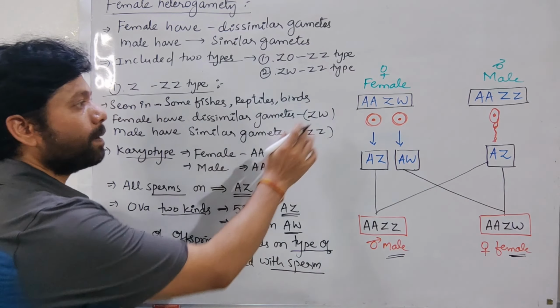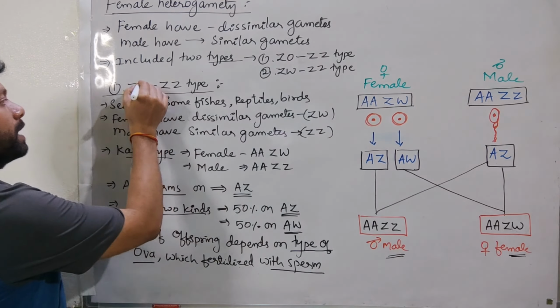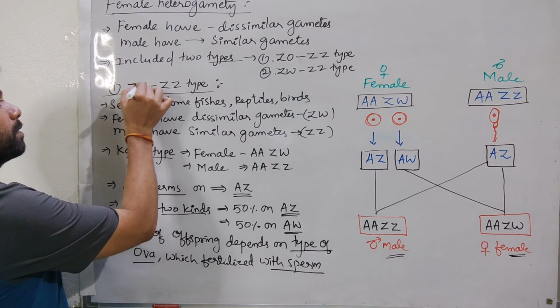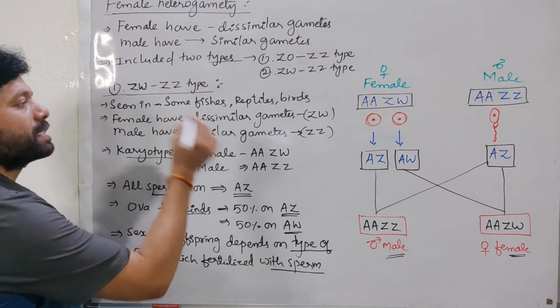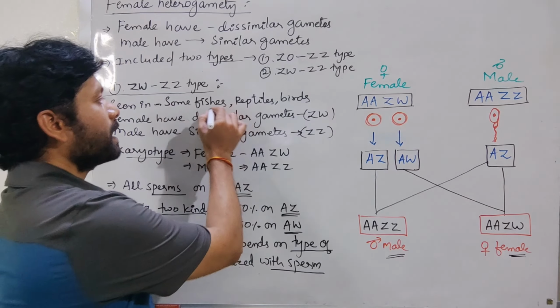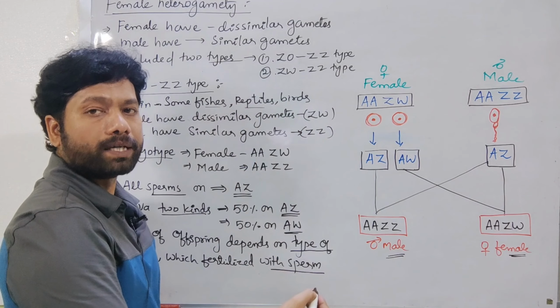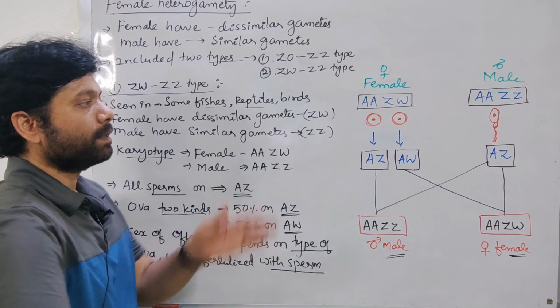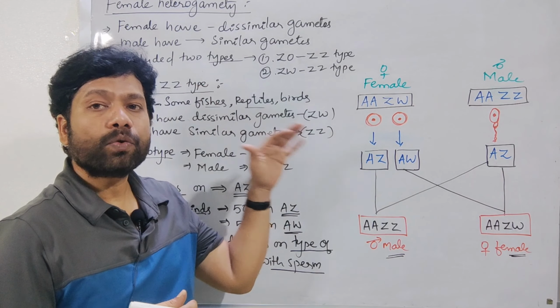So it is the ZW-ZZ type, seen in fishes, reptiles, and birds. This is female heterogamety.